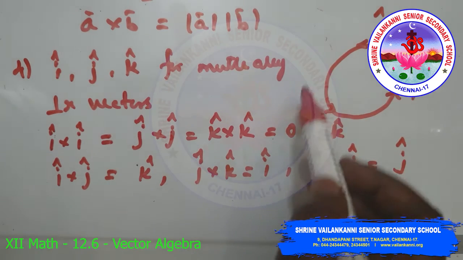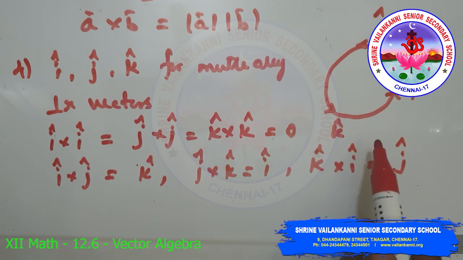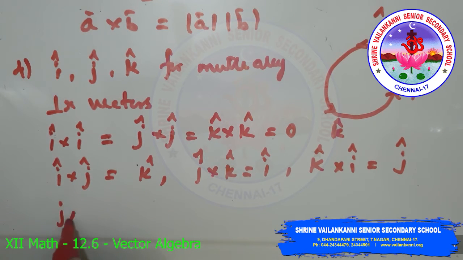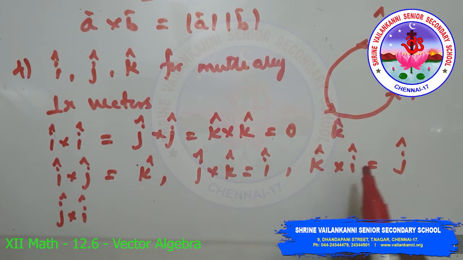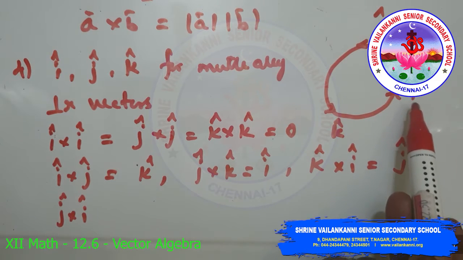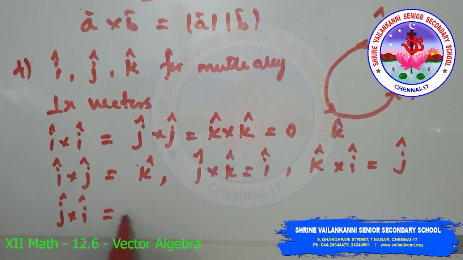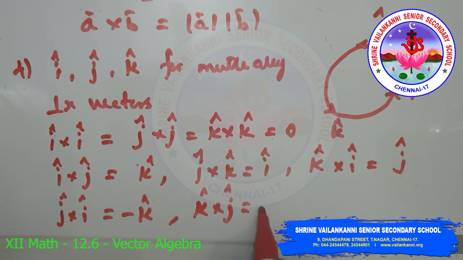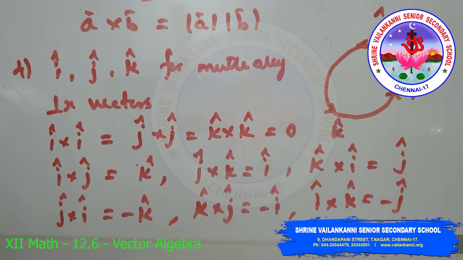So this is along the anti-clockwise direction. Then if it is j cross i, it is minus k, so the opposite direction. Then k cross j is minus i, and i cross k is minus j.